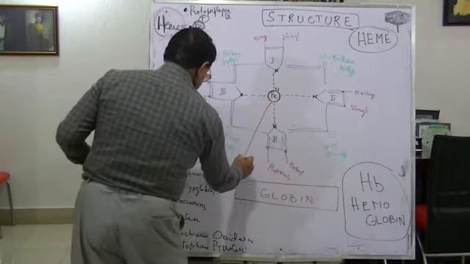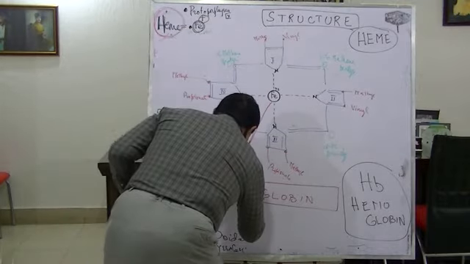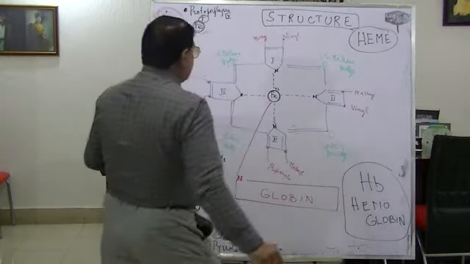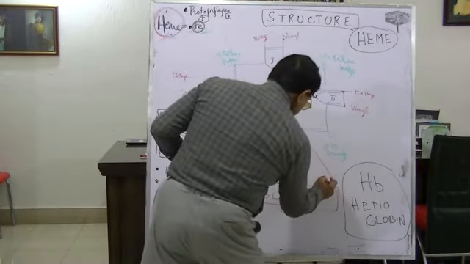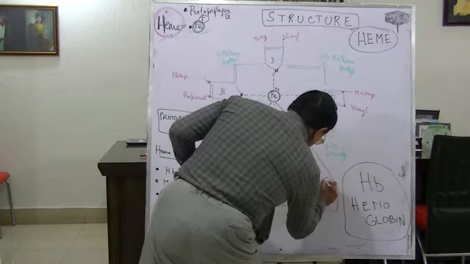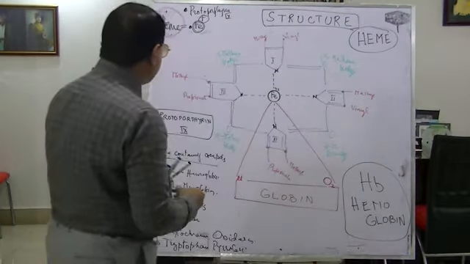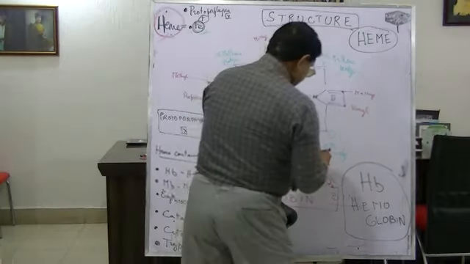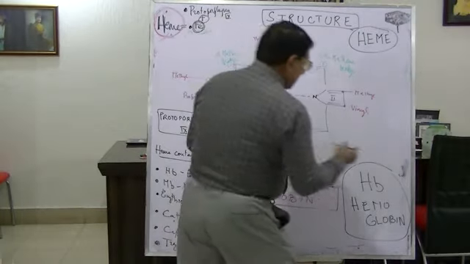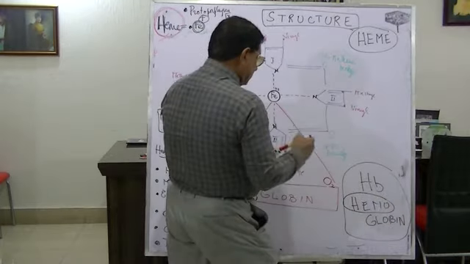Iron has got one attachment over here with the nitrogen of an amino acid, and it has got another linkage over here for the attachment with oxygen, O2. Now you get the formation of hemoglobin.